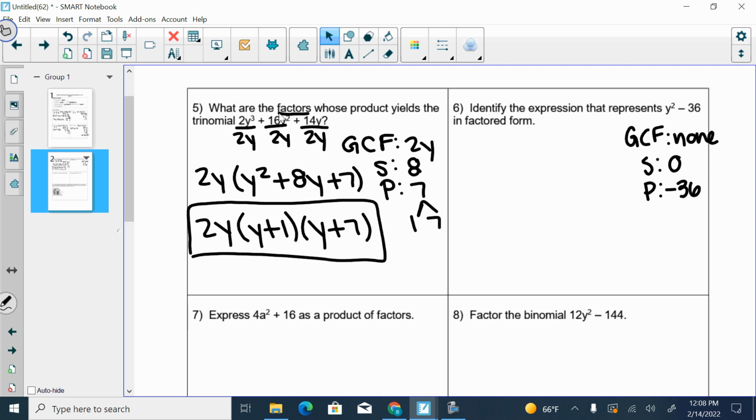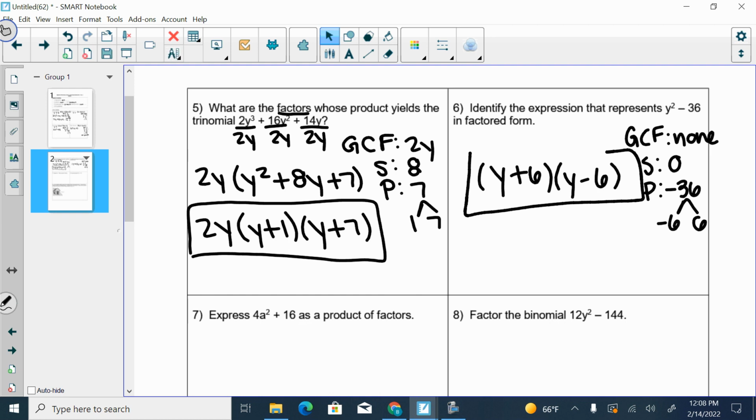We said anytime it's supposed to add to give us 0, the numbers we're picking have to be the same, just one positive and one negative. So what would we have? Very good. So y plus 6 and y minus 6.